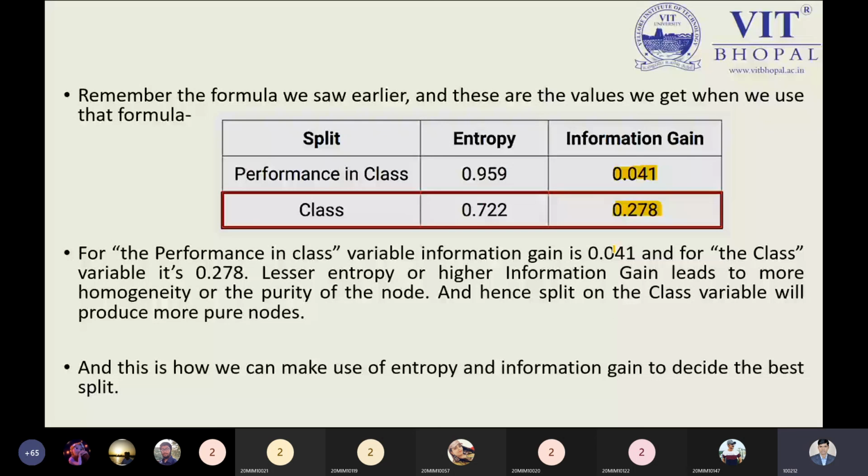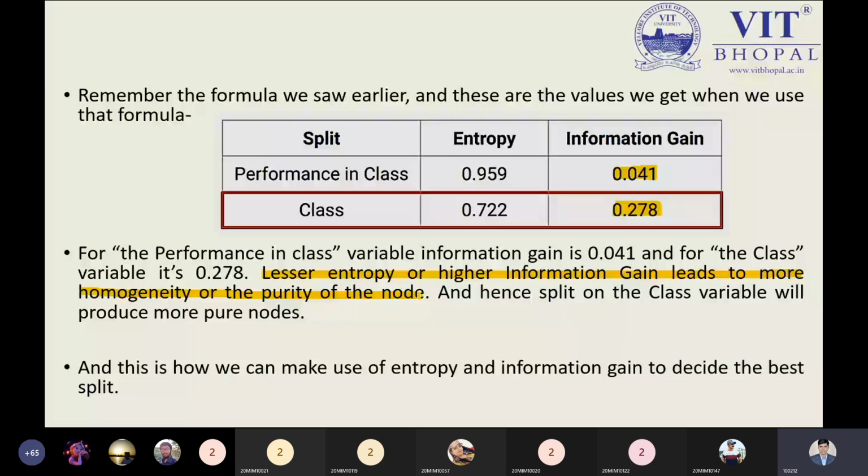Having seen the result in this table, we can say the information gain for the performance in the class variable is very low, 0.041, and for the class variable it is 0.278. Lesser entropy or higher information gain leads to more homogeneity or purity of the data. This is the most important statement. It means almost all data are the same class, so there is no need to use such a feature for splitting our data.